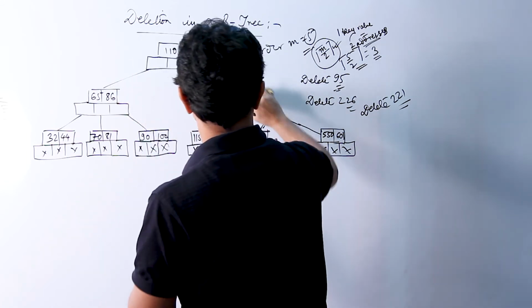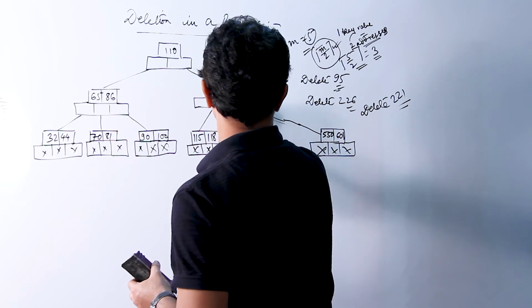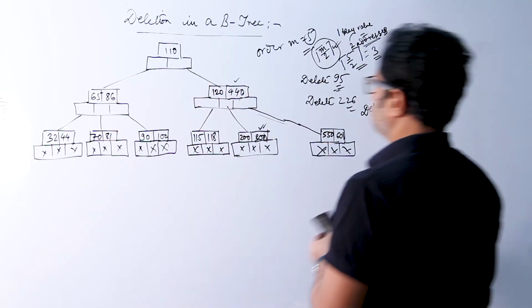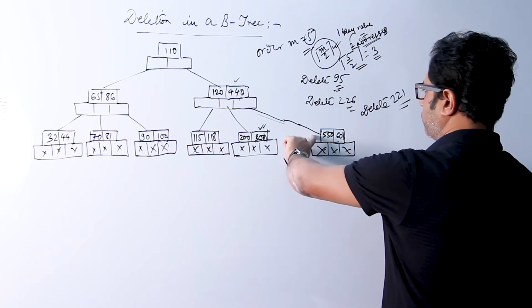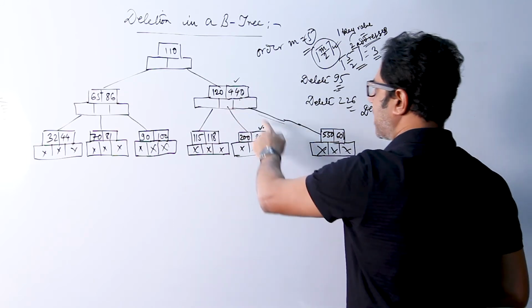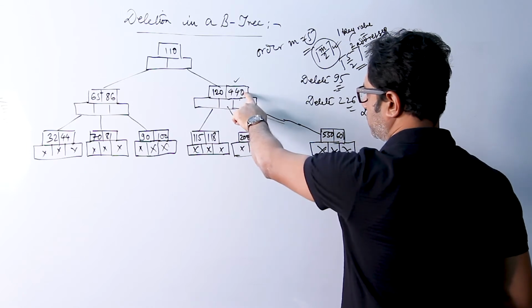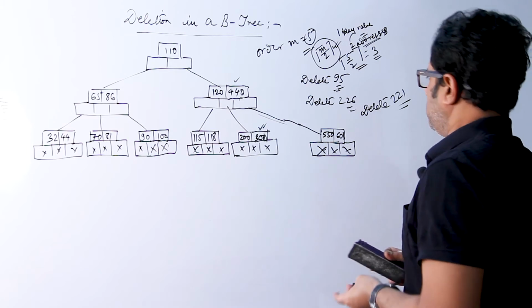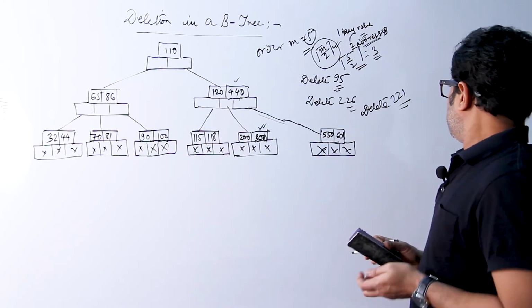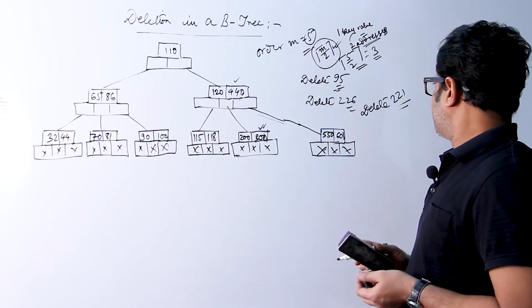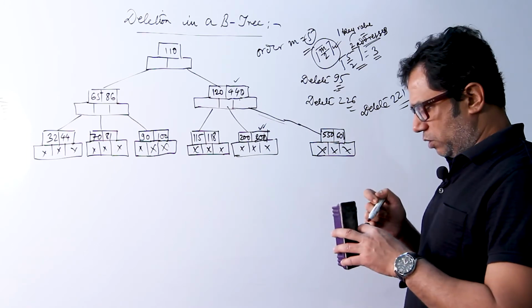So this 440 is taken from over here, and this 300 comes from here to here, 221 gets deleted by the process. So now we see that the deletion has been done perfectly. So this is the deletion of 221.